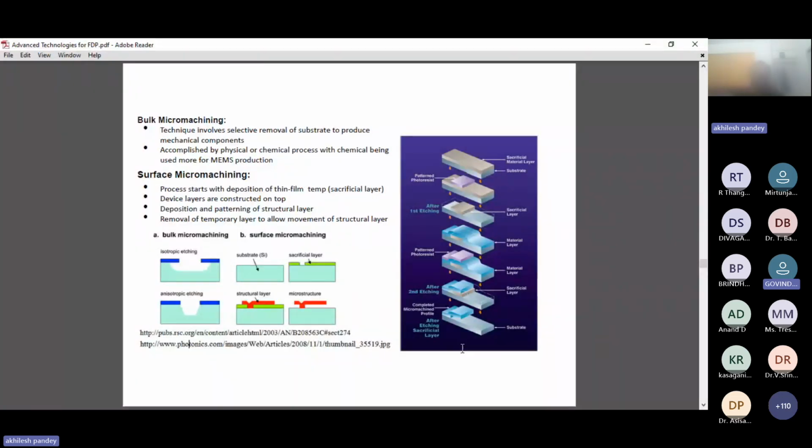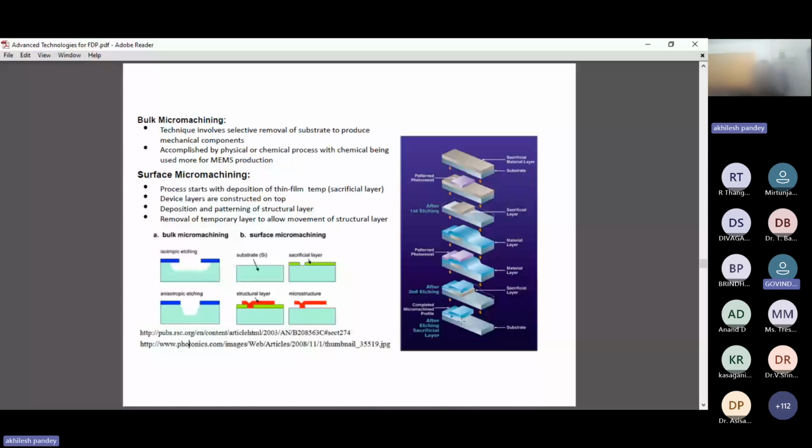After the structure is deposited, the sacrificial layer is removed, and the microstructure is formed. This is called surface micromachining. This figure shows how the structure is fabricated onto the substrate using surface and bulk micromachining.